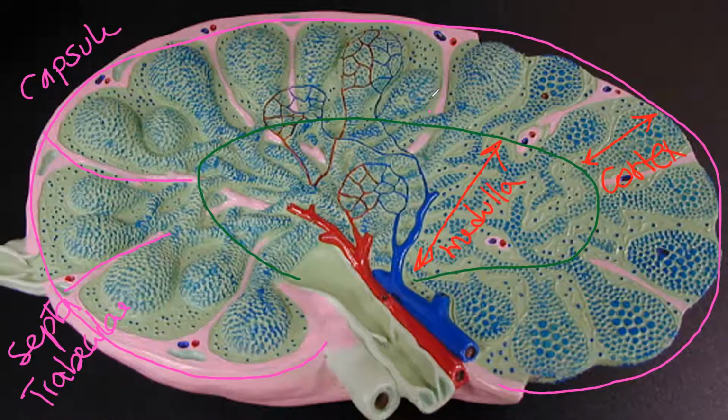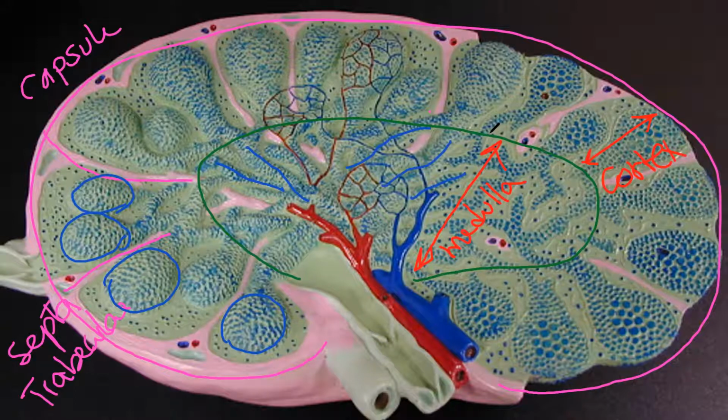In the cortex and medulla, the organization of our lymphocytes is different. As you see in this picture, in the cortex, we have lymphatic follicles. They are roundish structures. And in the medulla, we have medullary cords. They are a chain-like organization of the lymphocytes.